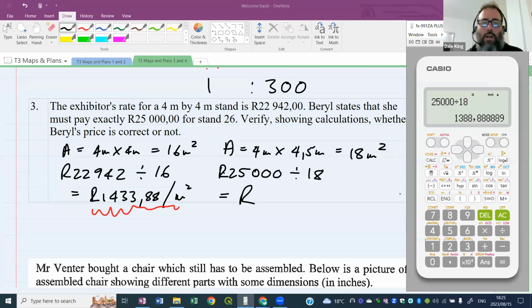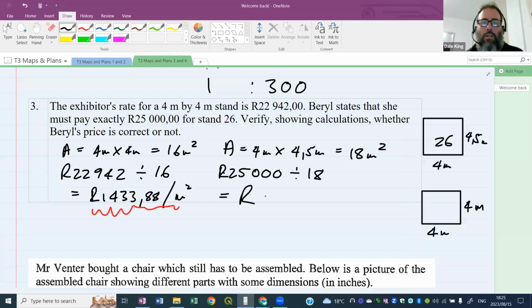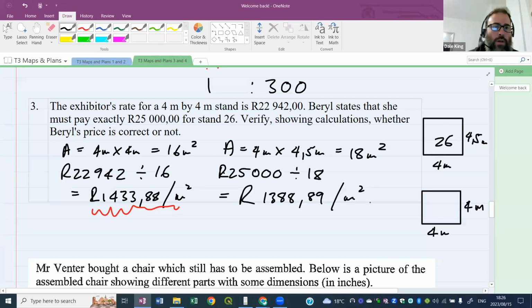Well, it sounds like it's not the same. All right, so this is what Beryl's getting per square meter. Now, if I was Beryl, I would keep my mouth shut because it looks like she's paying less per square meter than the other people.